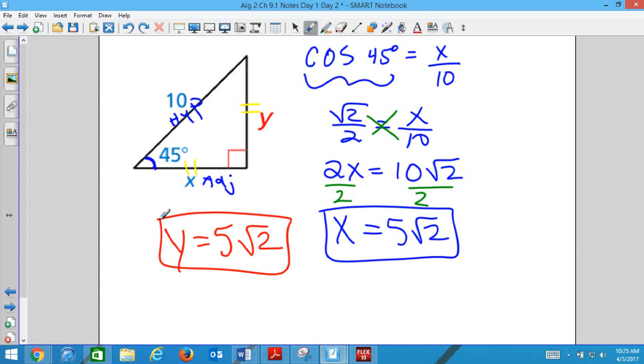So we got x. What kind of triangle is that? What's that angle? What number is it? Yeah. So if both angles are the same, both sides are the same. So you did that one.